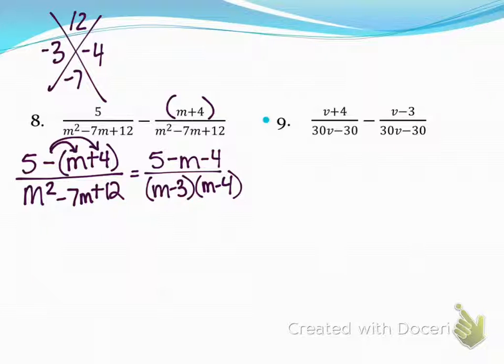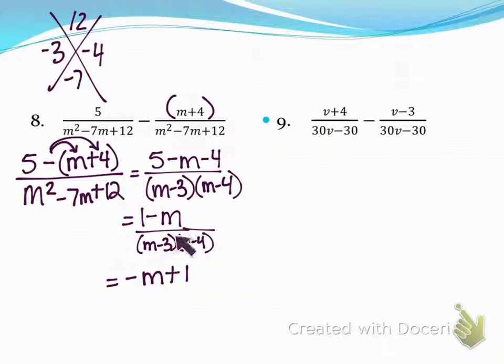Okay, the 5 and the negative 4 can be combined. They are like terms. So if I combine a 5 with a negative 4, what do I get? A 1. So you could either write this as 1 minus m with the same denominator, or you could write it as negative m plus 1.